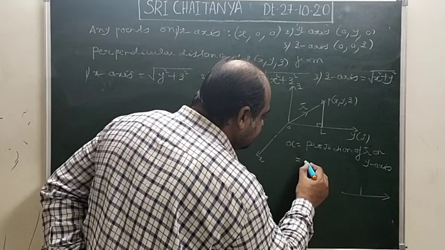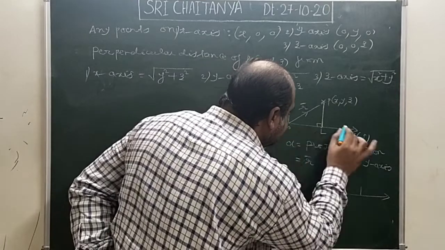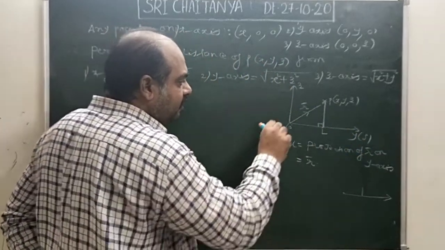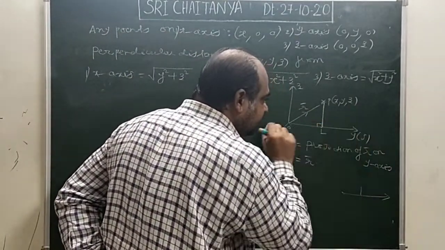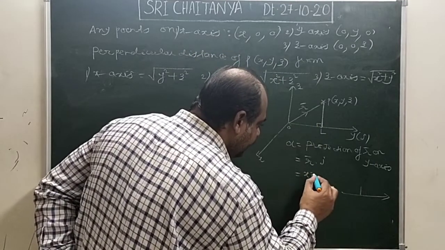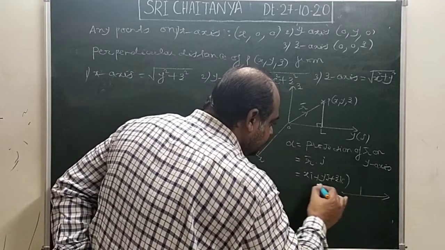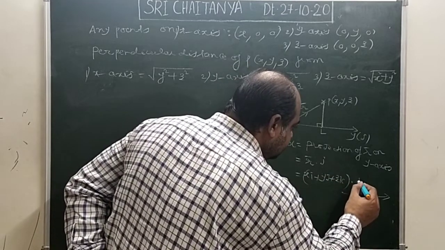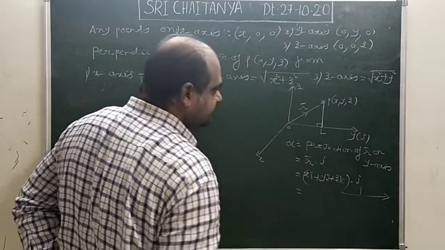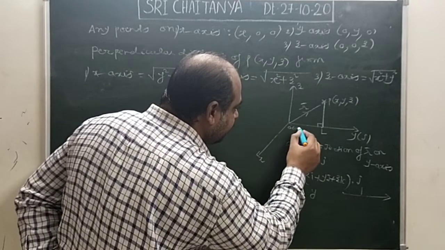Along this direction, what is the unit vector? j cap. R bar dot j cap. That means xi plus yj plus zk dot j. That means this is y. Therefore, this distance is y.